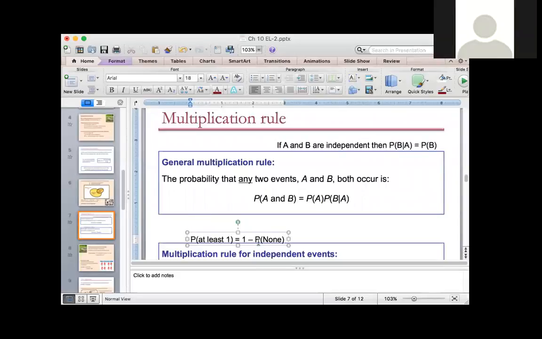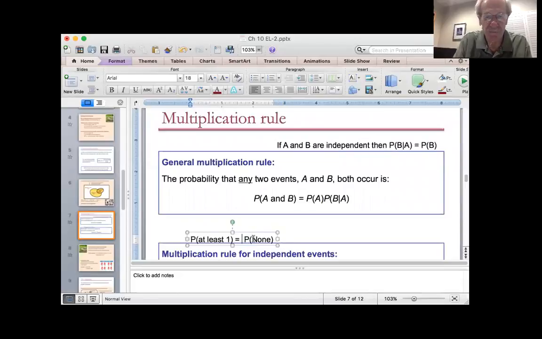So let me say this. The probability of at least 1 plus the probability of none equals 1. Because the number of people that can succeed or have the infection is 0, 1, 2, 3, 4, 5, however many people are in the group.